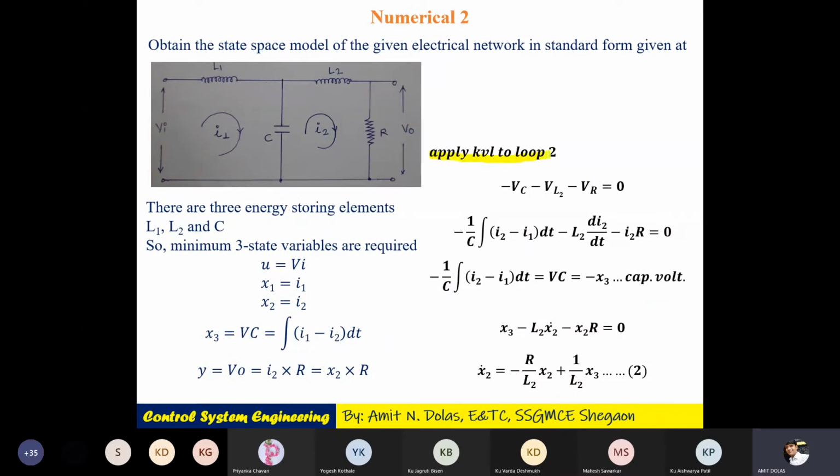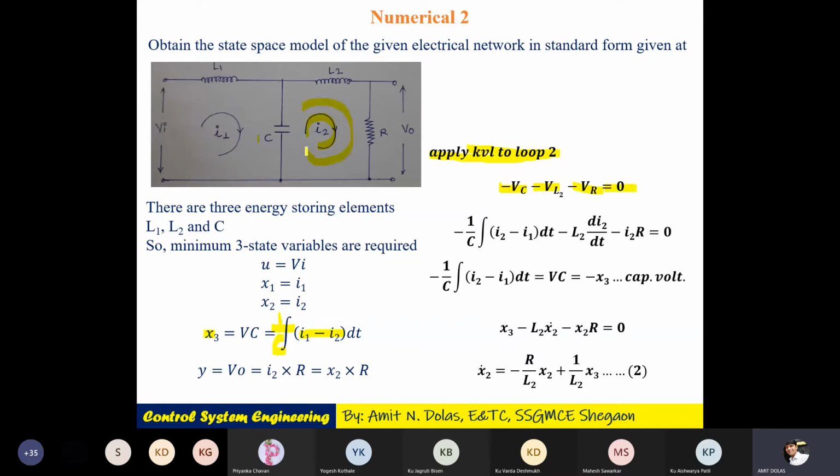Next, we'll apply KVL in loop 2. Somewhat tricky, okay? Because we are writing x3 in terms of I1 minus I2. Again, the same mistake is there; here it is 1 by C. Typing mistake. So here it is I1 minus I2, and you will get I2 minus I1 in the second loop equation. Just rewrite this: minus VC minus VL2 minus VR is equal to 0.